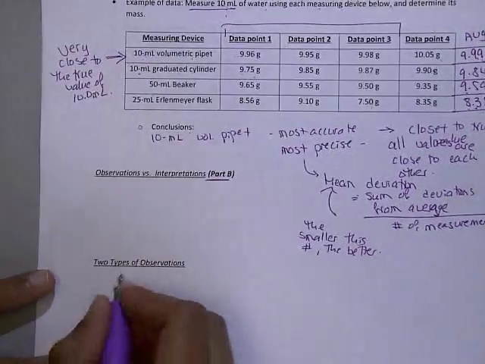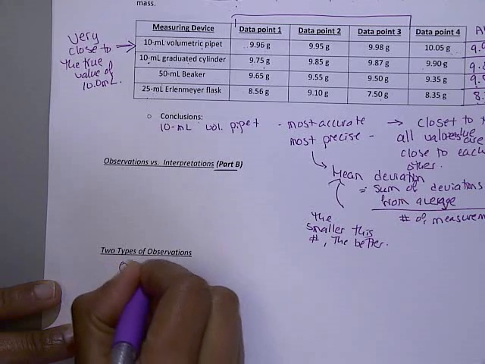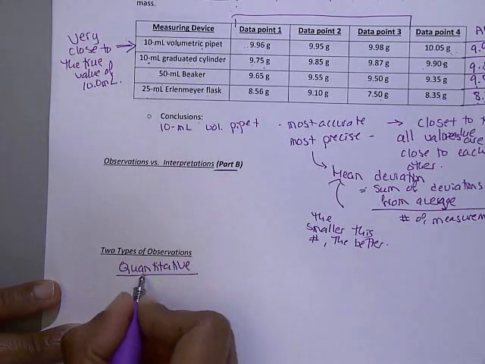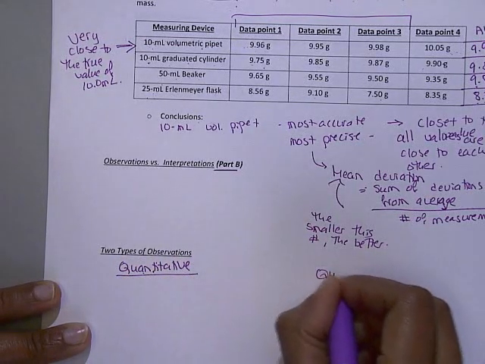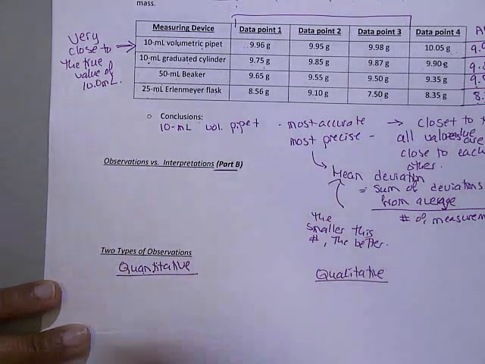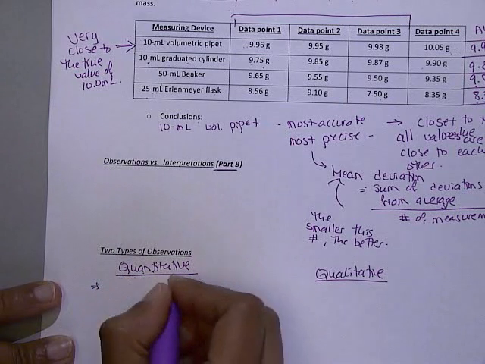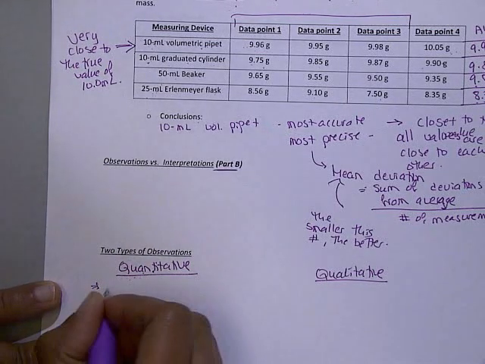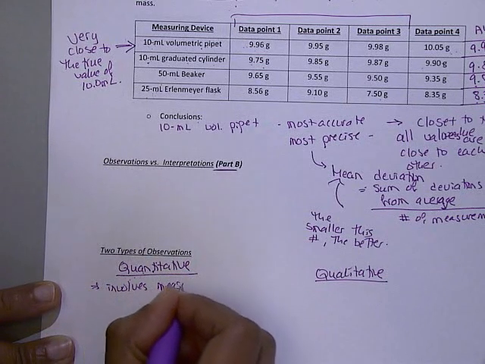The key here is we really have two types of observations in a chemistry lab. The first type is what we call a quantitative observation, quantitative, quantity, and qualitative observation. So if you take a note here, this observation, or description involves making measurements.